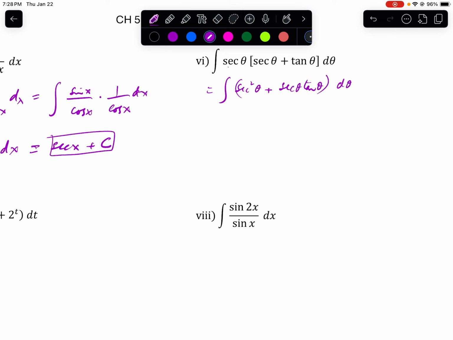Now again, if you separate them, you get the integral of secant square theta d theta plus the integral of secant theta times tangent theta d theta. The first one, secant square, is the derivative of tangent, so the entire derivative of secant square will be tangent of theta, and then plus, we just did that one. This is going to give us secant of theta plus c, and that's your answer.